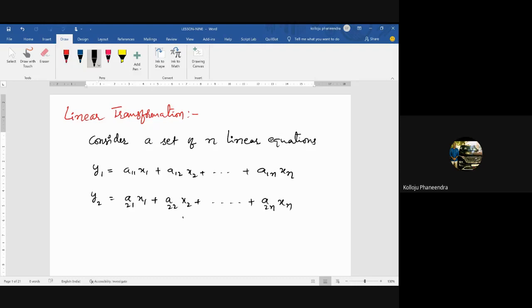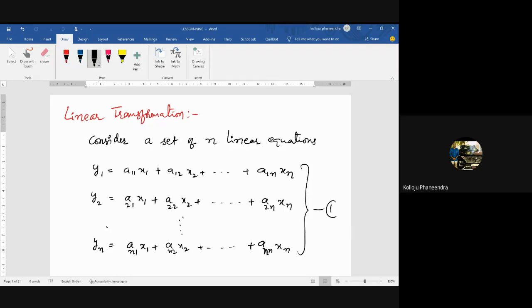There are n equations, therefore yn equal to an1 x1 plus an2 x2 and so on, plus ann xn.